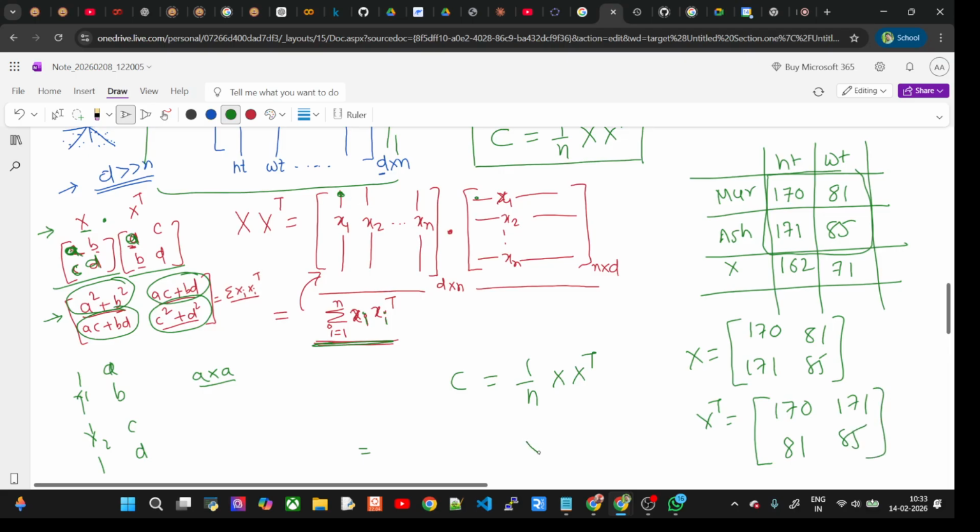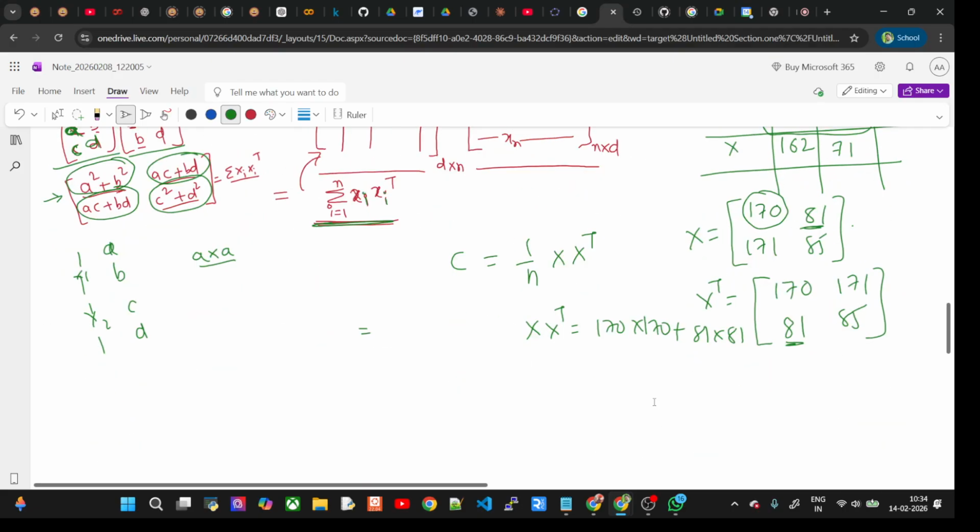And if I do X into X transpose, what I am actually doing is this multiplication: 170 into 170 plus 81 into 81. So X into X transpose gives 170 into 170 plus 81 into 81. Just see that summation.